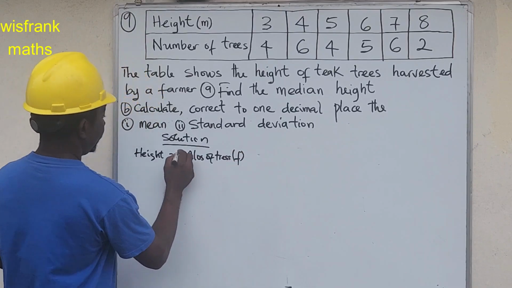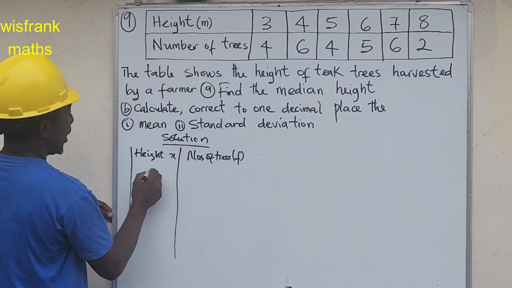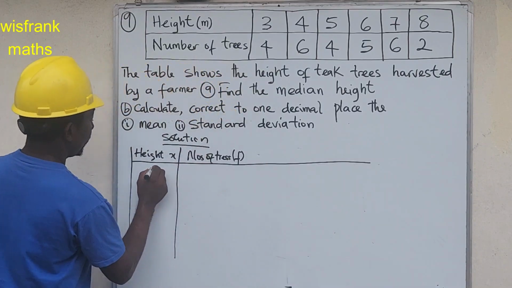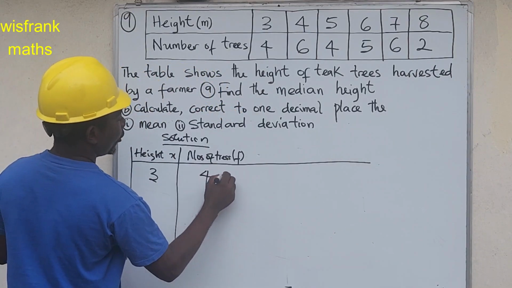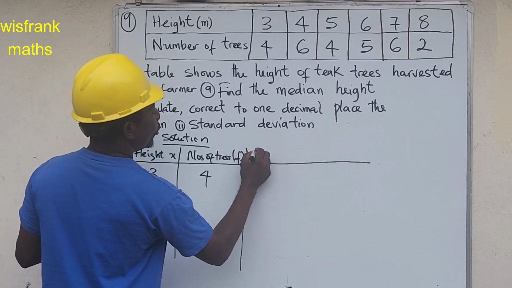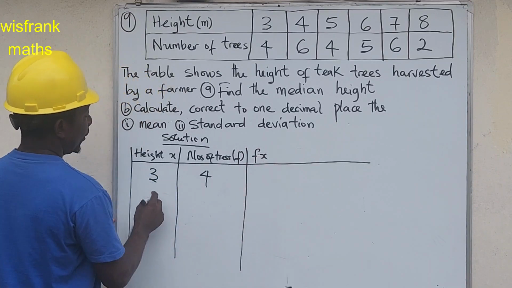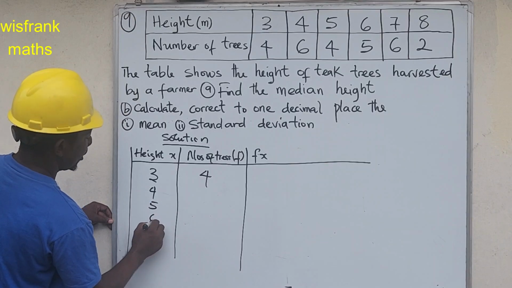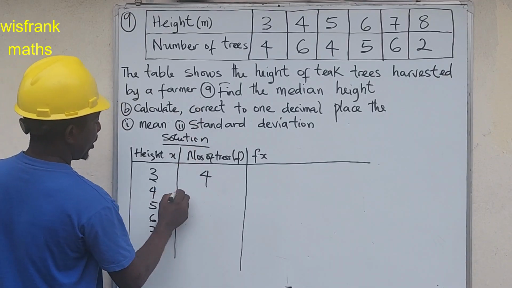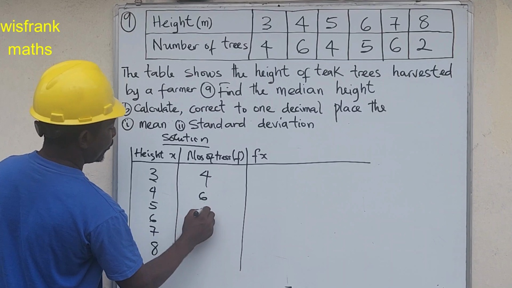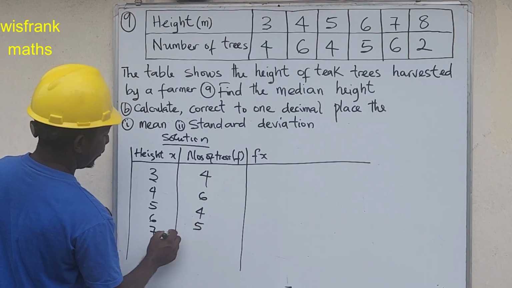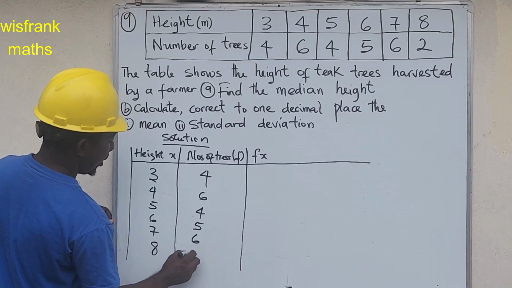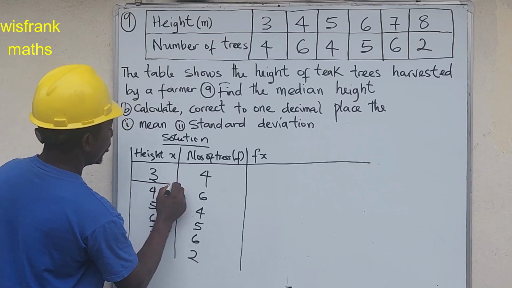The first height is 3 and the number of trees is 4, and the next column is going to be f times x. So let's fill in this side. Here we have 4, 5, 6, 7 and 8. Under 4 we have 4, under 5 we have 5, under 6 we have 6, under 7 we have 2.